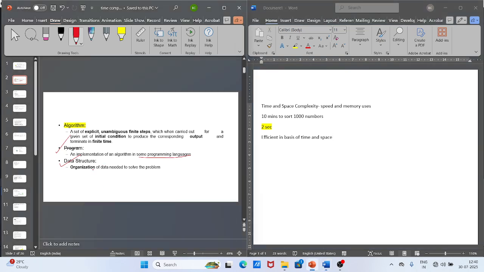So in data structures, we organize the data using structures like array, linked list, stack, queue, tree, graph.